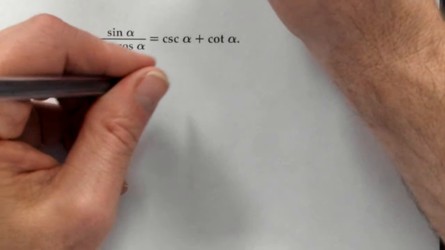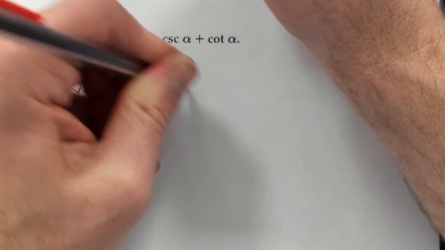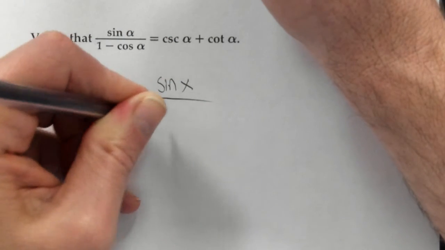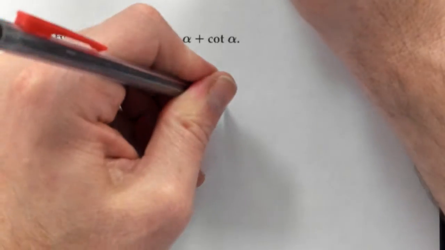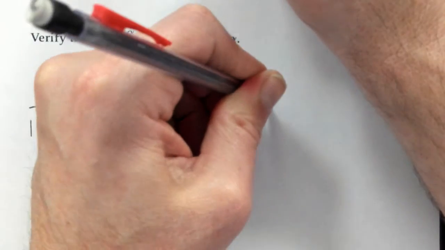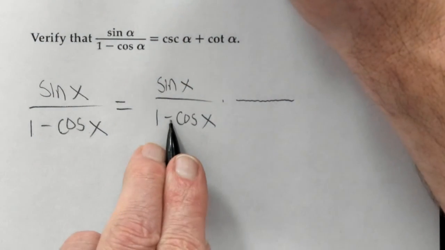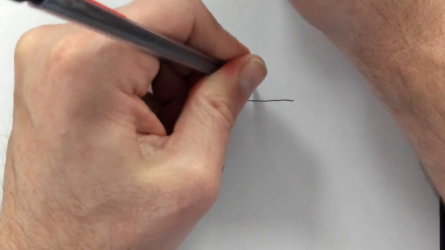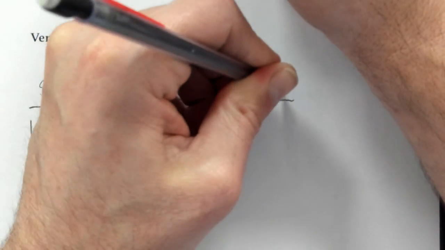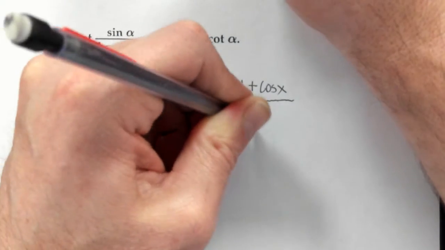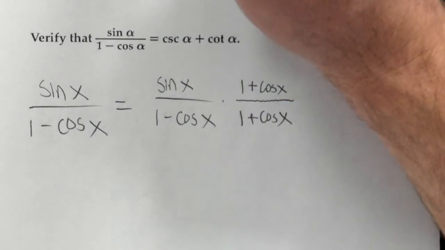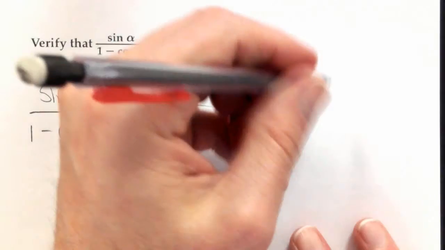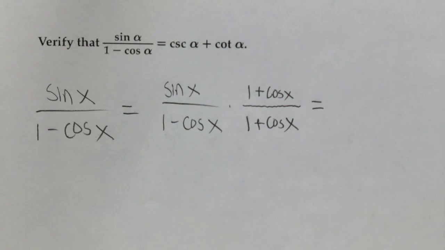So if I write this back, sine of x over 1 minus cosine of x, I can now multiply by the conjugate of the denominator. And of course, the conjugate means to change that sign. So that'll be 1 plus cosine of x over 1 plus cosine of x. So this is multiplying by 1. It doesn't change anything, but it will change that denominator into a form where we can use a Pythagorean identity.